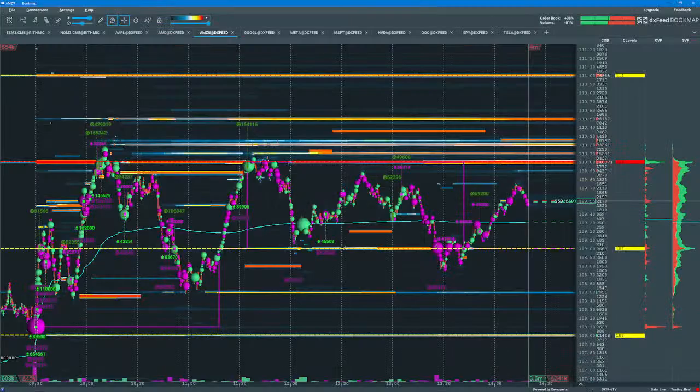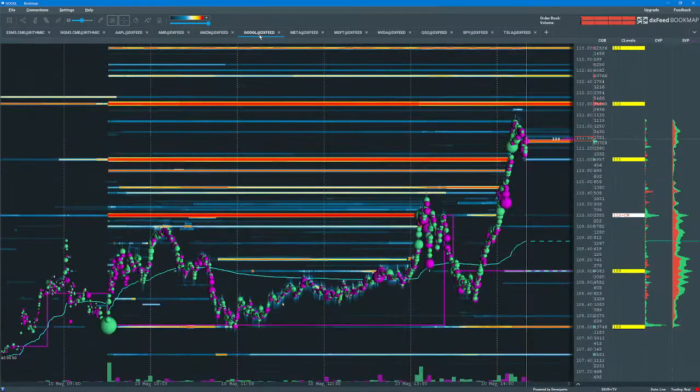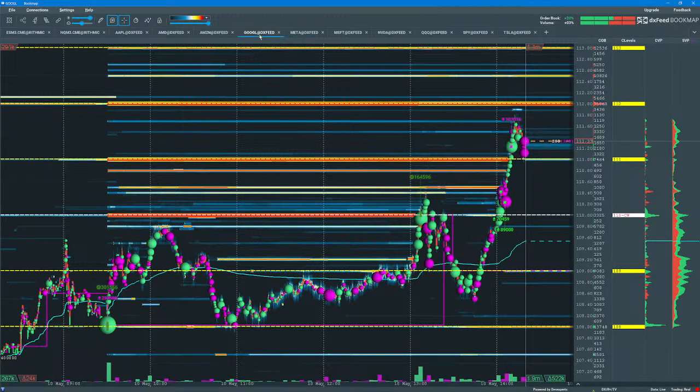All right, let's take a look at Bookmap for Google. And remember when we looked at Thinkorswim, the big heat map, Google was bright green, indicating that it is very strong, very positive today.